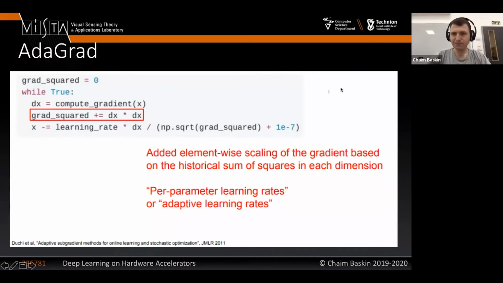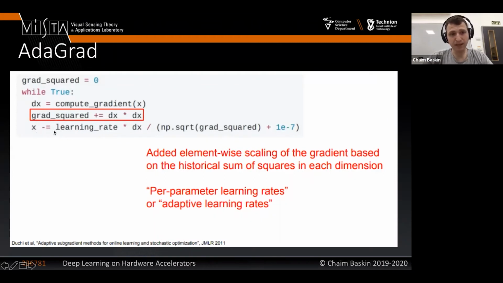So, first we will talk about AdaGrad. AdaGrad is defined like that. We define grad squared as 0, and then we compute dx, the gradient of x. Grad squared is actually the sum of dx in square for all our parameters.